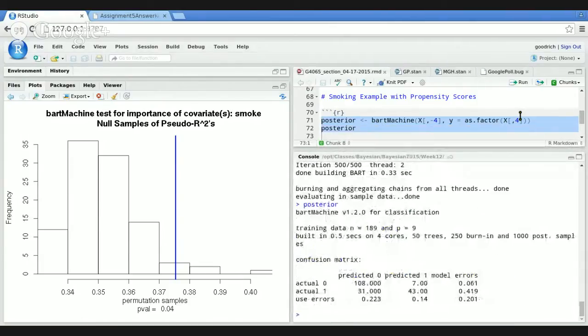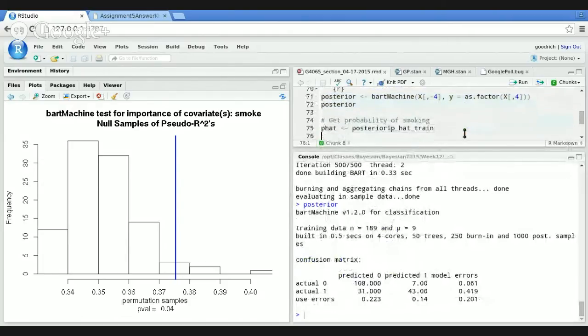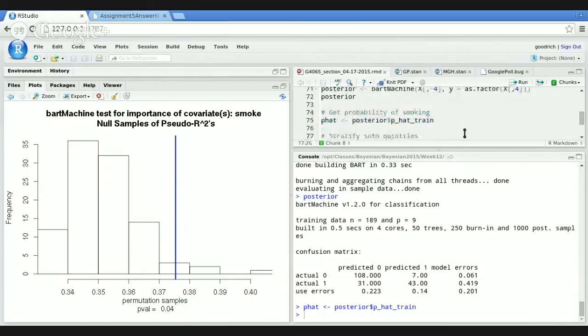So we run that. We get a confusion matrix for whether you're a smoker or not, but that's not too helpful. What we want for propensity scores is the probability that you are a smoker, which we can obtain from that.